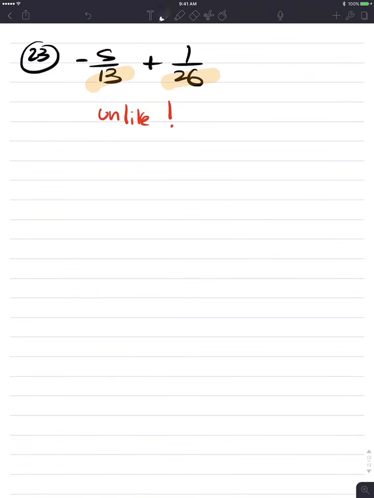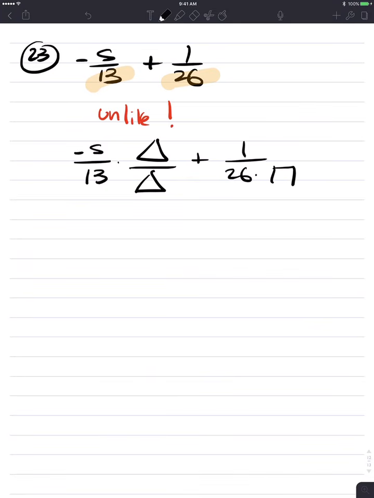We're going to have to go through our process: negative 5 on top with a 13 multiplied with some number on top and bottom, plus 1 over 26 multiplied with some number on top and bottom.